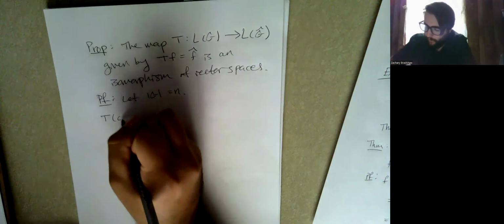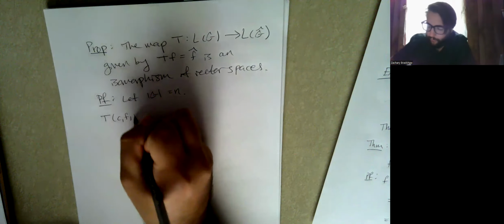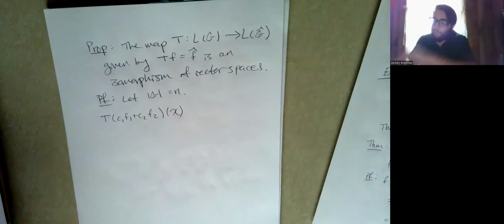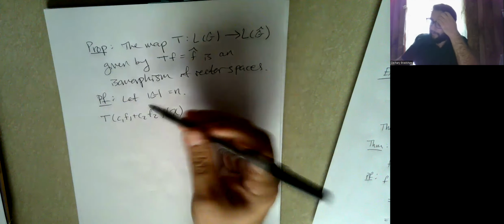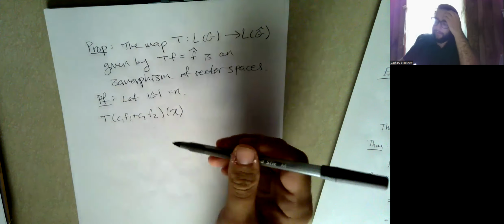So again, the proof is really, really easy. Let's call the order of G n. Then T of c1 f1 plus c2 f2, applied to chi. We need to show that this is c1 T of f1 plus c2 T of f2, that whole thing applied to chi.